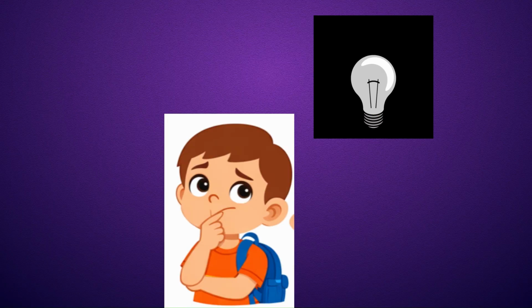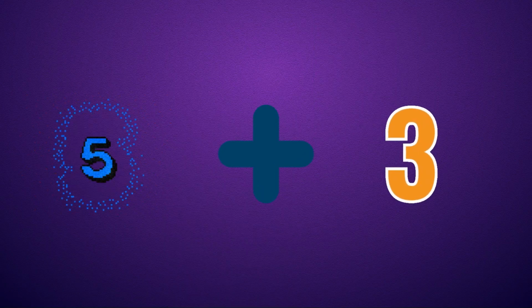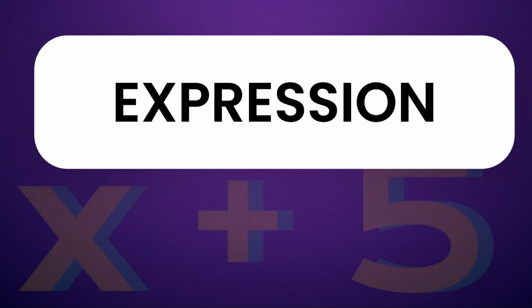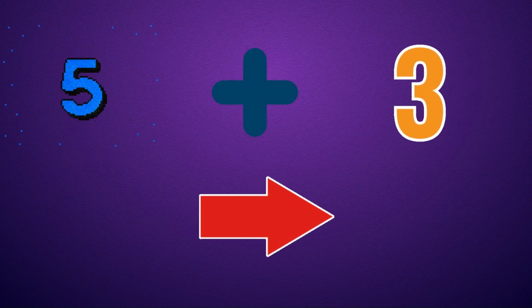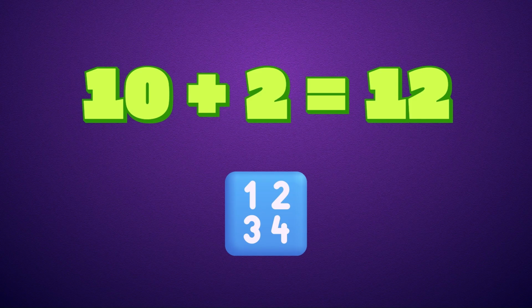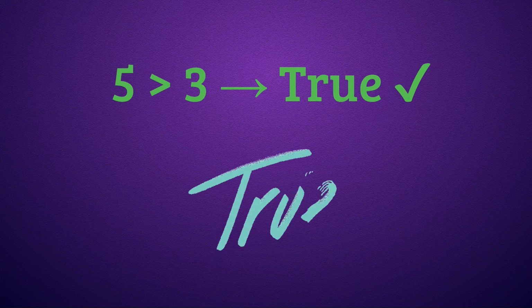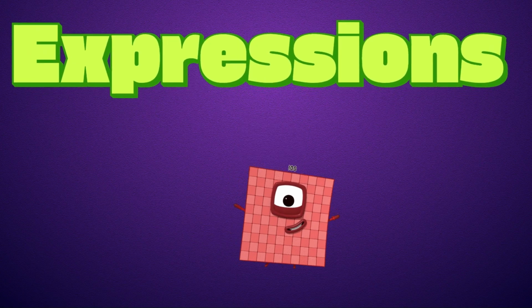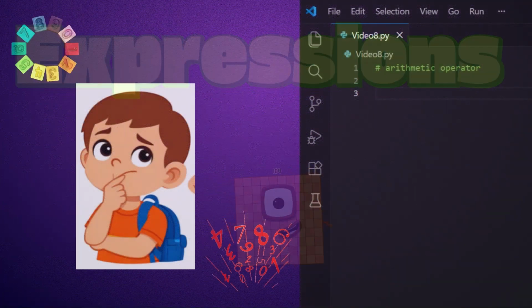Notice something important. Whenever Python combines values, variables, and operators, it creates an expression. An expression is something that Python can evaluate and produce a result. That result could be a number, a true or false, or a new value. Expressions are everywhere in programming.